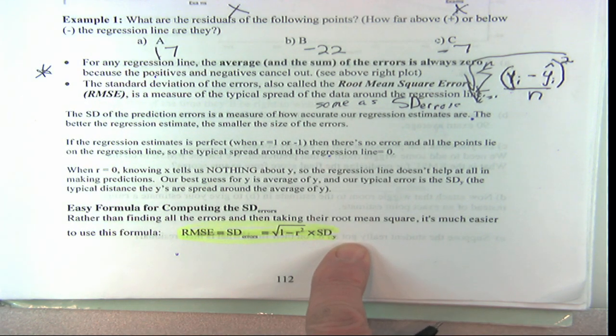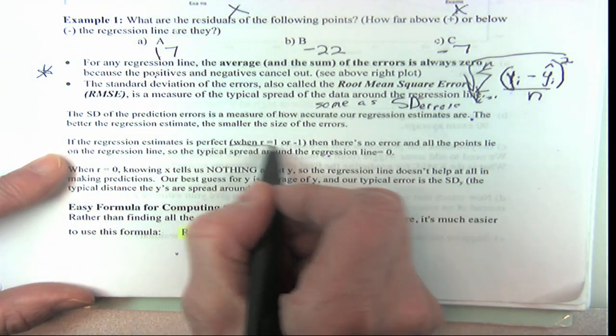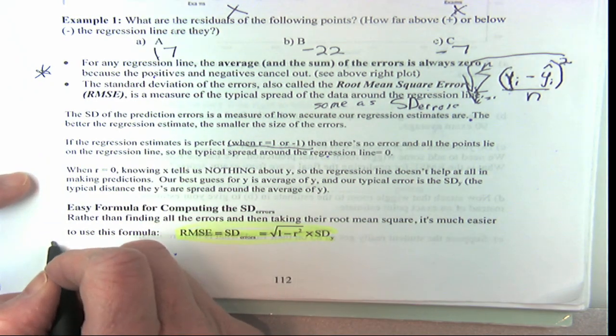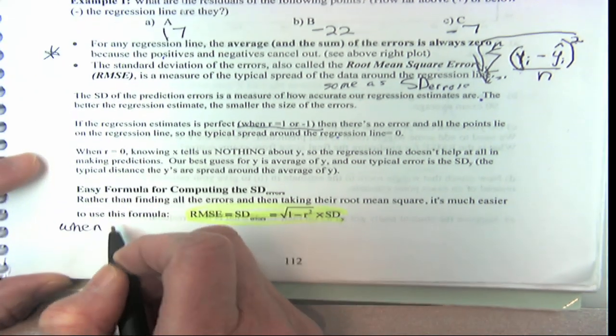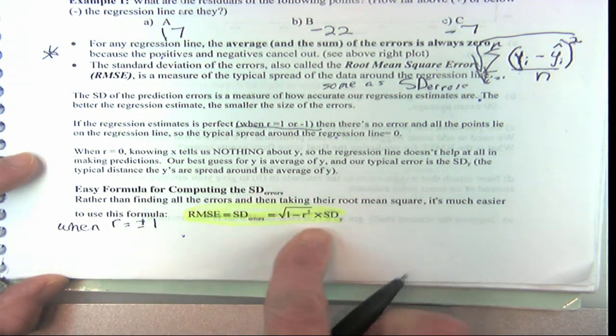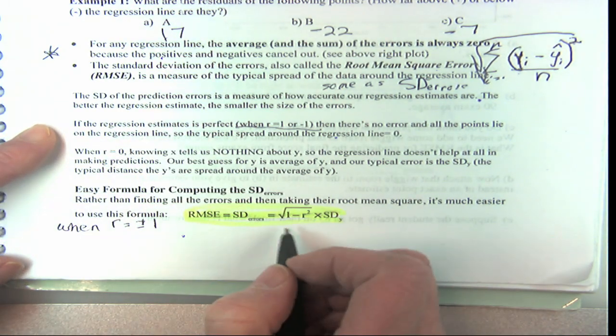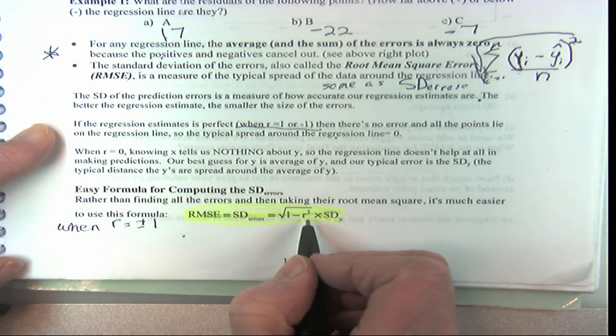Now, let's think about it. If our regression estimate is perfect, let's look at this formula. When r is equal to plus or minus 1, what do you think this is going to look like? Well, if you put plus or minus 1 in here, what do you get?